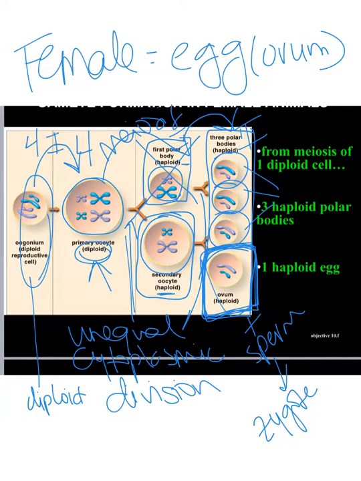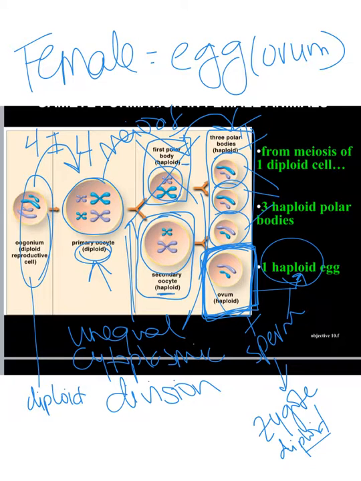So remember, our ovum and our sperm are haploid, so that our zygote can be diploid. Now we're going to do some activities with this in class to help you better understand what's happening to all the chromosomes here. So I will see you in class to go through all of mitosis and meiosis so that we can make clear distinctions between the two.